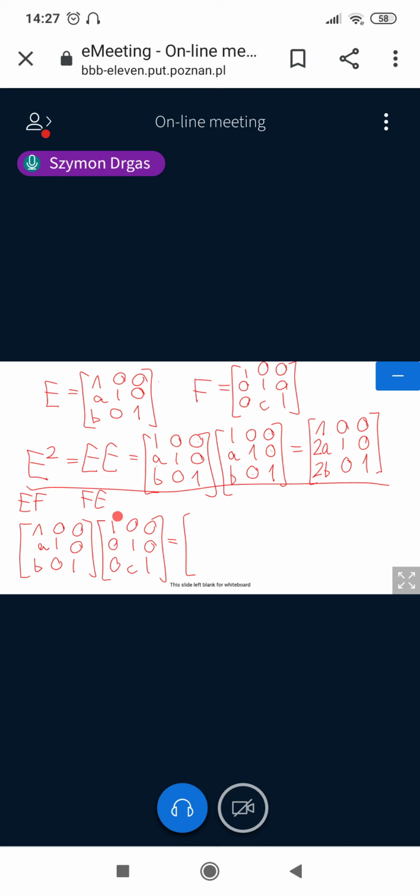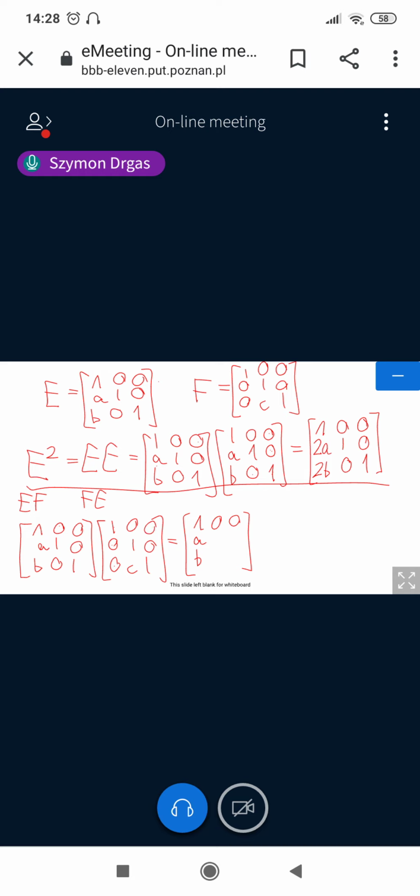So we have this 1, 0, 0, so it means that we can write the first column of the second matrix. Yeah, and then we can use these columns with zeros and ones. So the first column of the resulting matrix will be the first column of the left matrix. So 1, A, B, because we need to multiply first column by 1, the second by 0, and the third by 0.